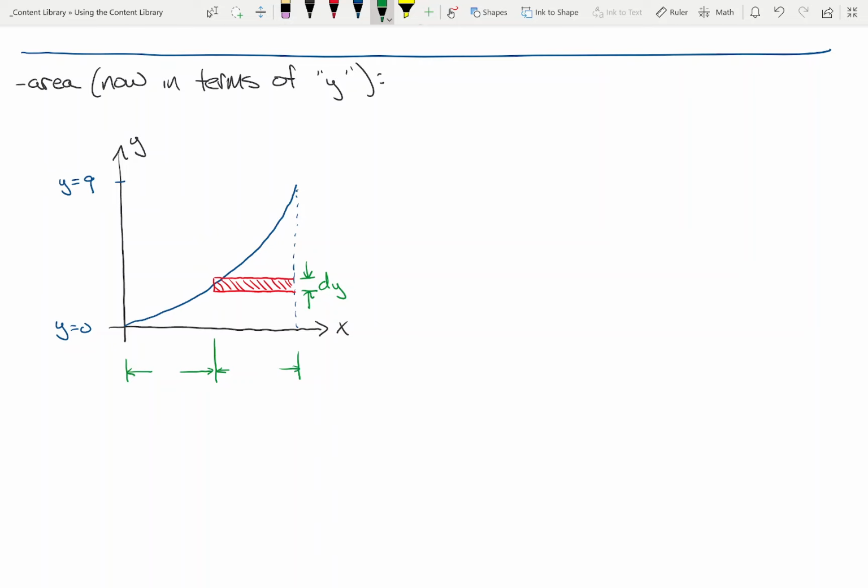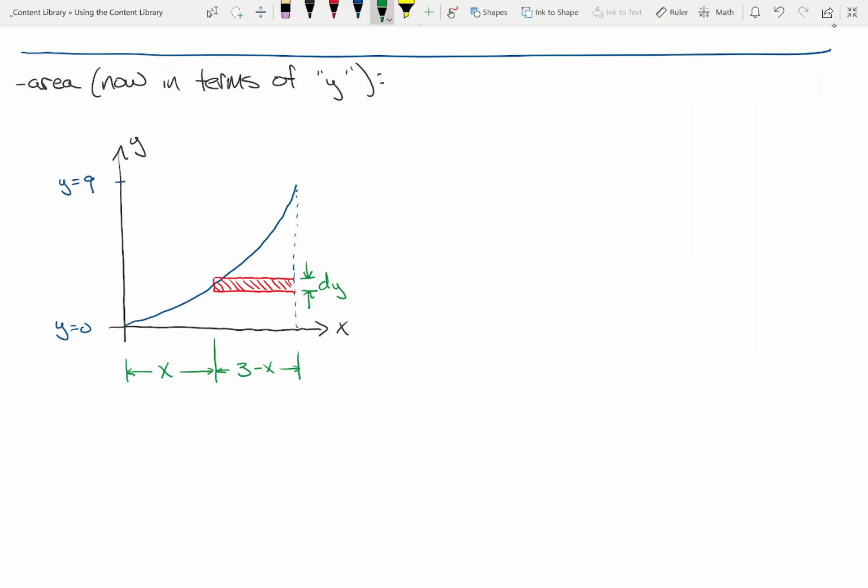I propose that from the origin to some arbitrary point on the curve is going to be expressed by some distance or some term x. If I want to get from here to here, that's x. Well, if that's x, what is this distance? 3 minus x, that's 100% right. 3 minus x.